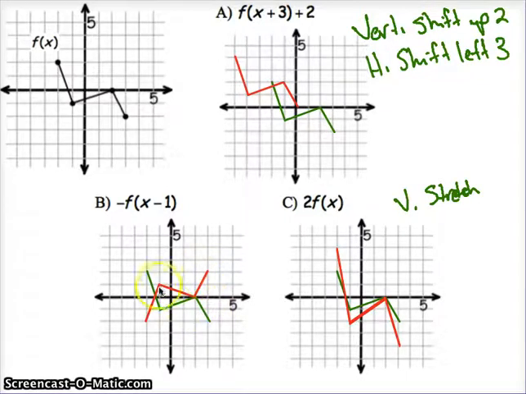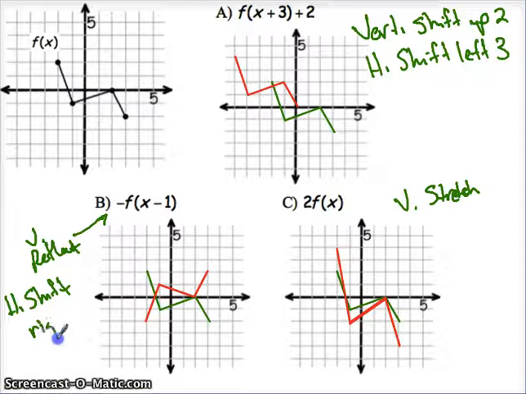All negatives became positives, positives became negatives, but then also remember that -1, so that's a vertical reflection, -1, remember, is also going to be a shift horizontally right 1. So I need to take my red line, now that it's flipped over, and I'm going to move it right 1 unit.